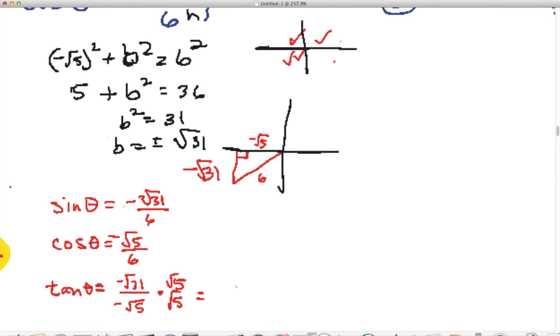So it's going to give you a 5, 31, right? So root 155 over 5.